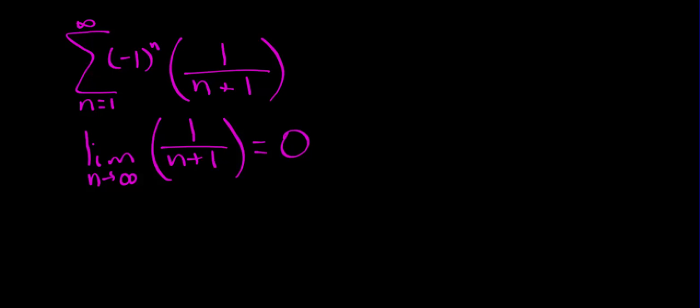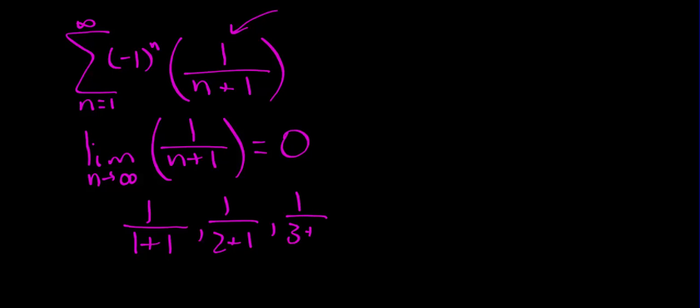Then what we want to do is determine, does this thing get smaller and smaller with each term? In other words, we have 1 over 1 plus 1 plus, well, the next term would be 1 over 2 plus 1. The next term would be 1 over 3 plus 1, as we just keep putting in values for n.